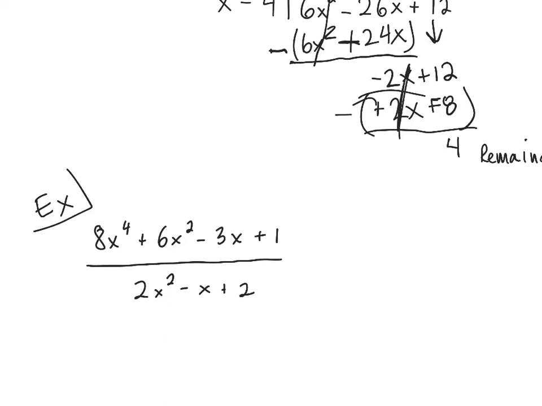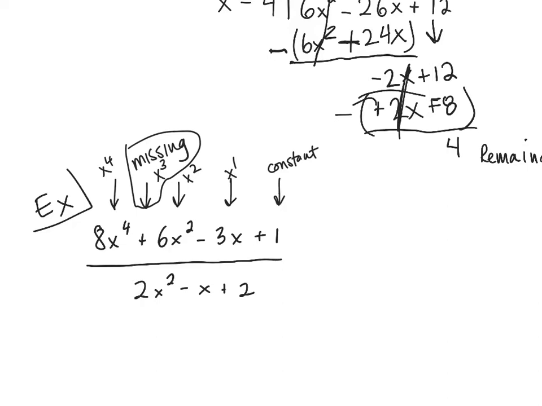What I mean by that is if we start with an x to the fourth, a fourth degree polynomial, then we need to have an x to the third term, an x squared term, an x to the first term, and we have to have a constant. All of those terms have to be represented in the division, and we're missing x to the third. Here we have x to the fourth, we have x squared, we have x to the first power, and we have our constant, but we're missing the x to the third.